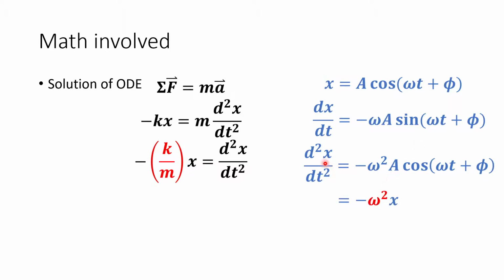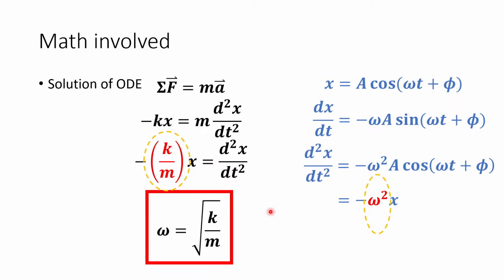So you know that d2x by dt squared, if it's a simple harmonic motion, has a constant in front of the x with the minus sign, and that constant is omega squared. If you look at the equation that you derive from Newton's equation of motion, you can compare k over m to omega squared. These two terms must be the same.